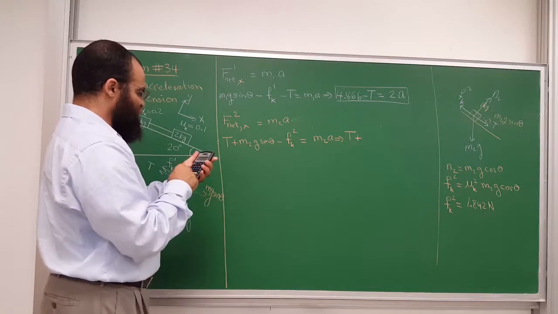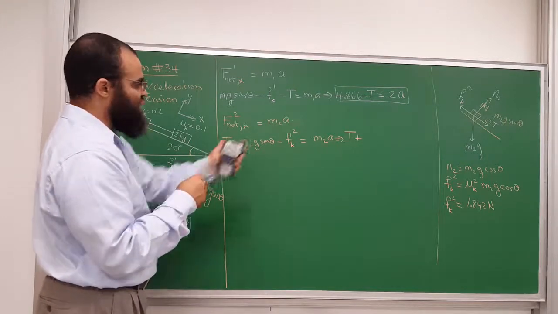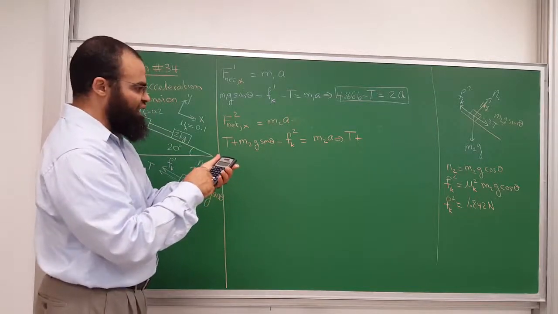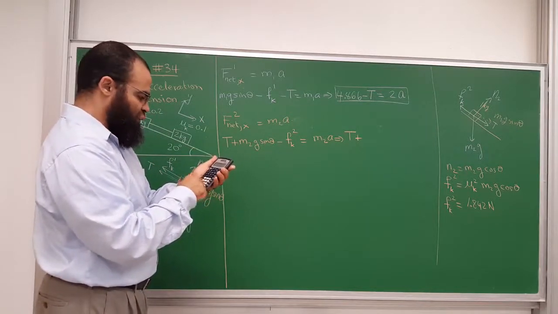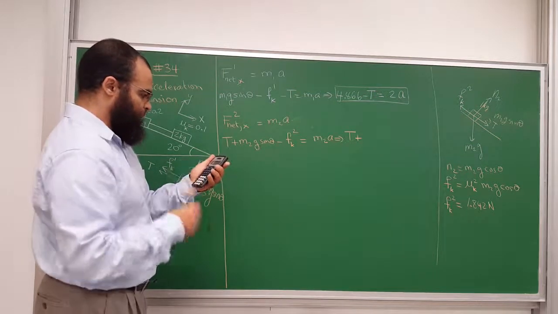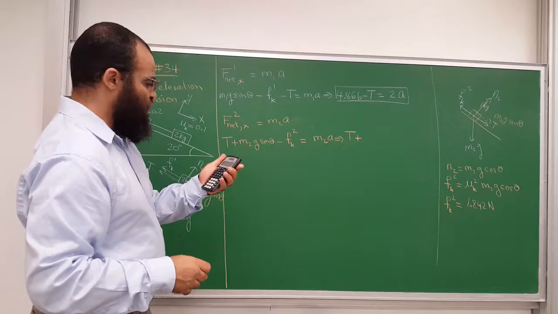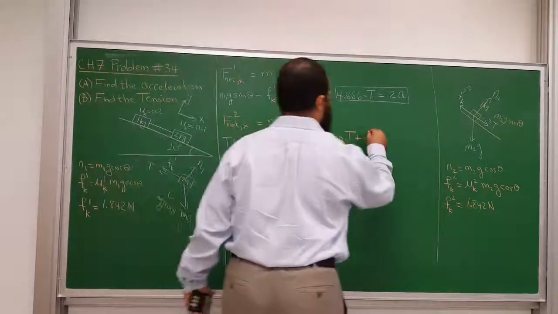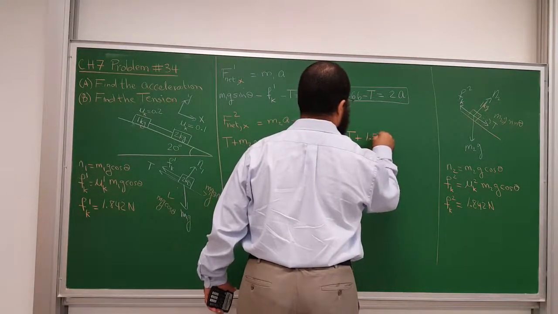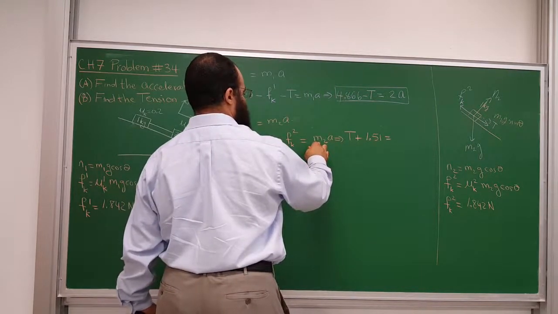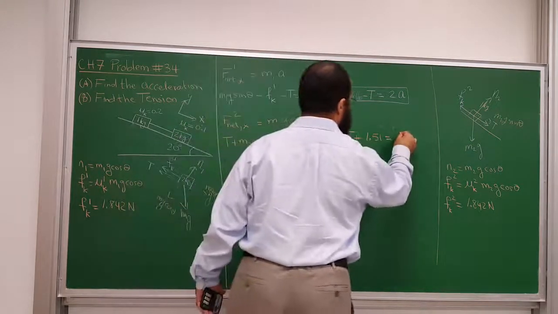So this is 3.352 basically, minus the force of friction, minus 1.842. I get 1.51 equal to ma. m2 is 1 kilogram, so 1 times a, that's just a.